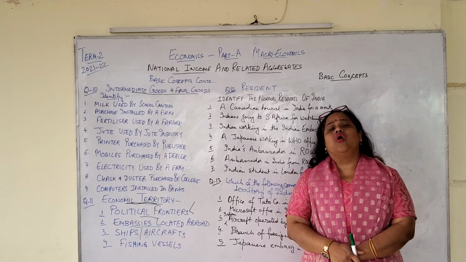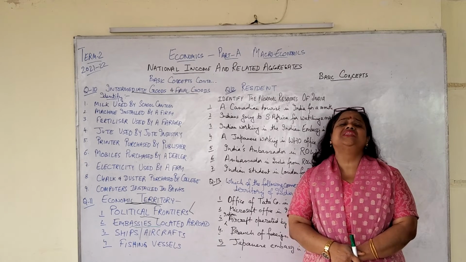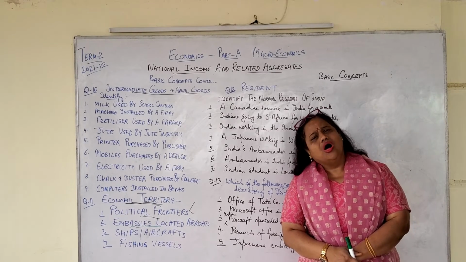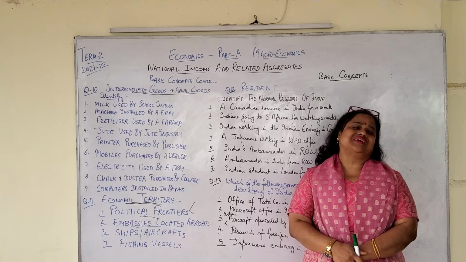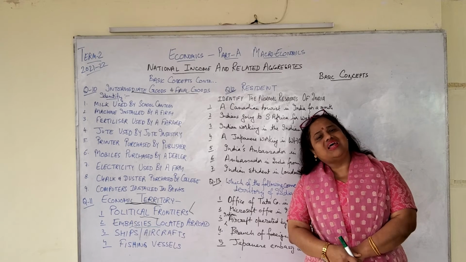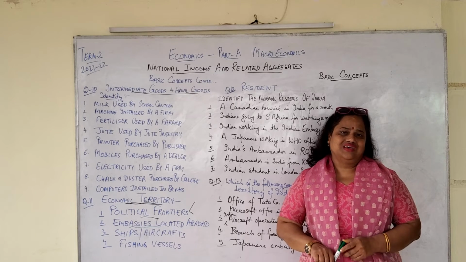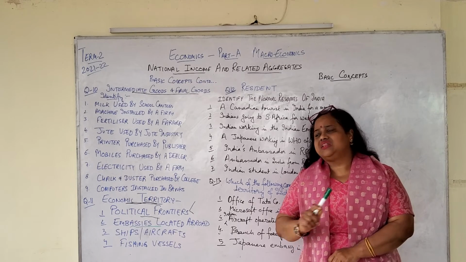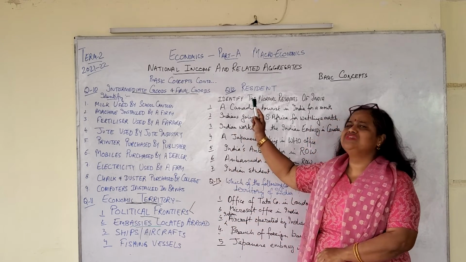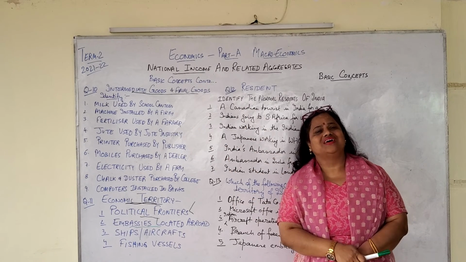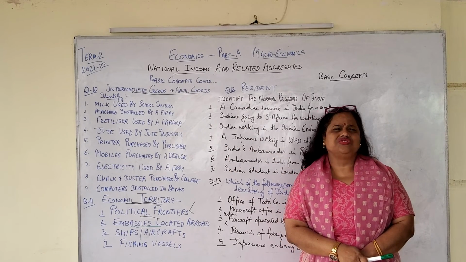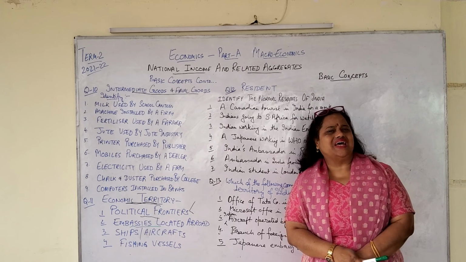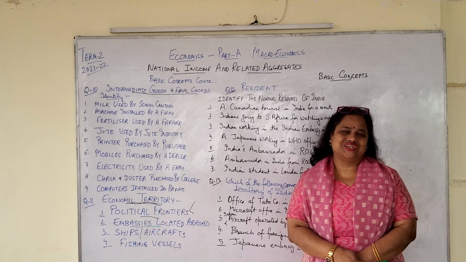That is, all the income earned within the domestic territory, whether by a resident or a non-resident, is called domestic income. So these two concepts help us to distinguish national income and domestic income. So dear students, in the next class, we will learn the related aggregates and calculation of national income. Thank you.